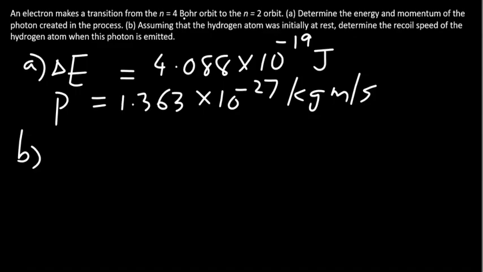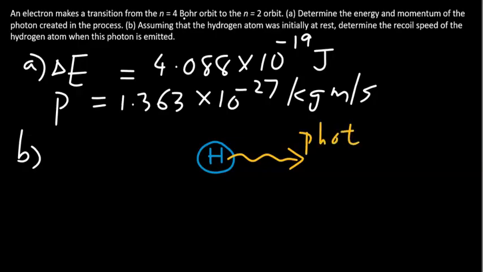Part B. Assuming the hydrogen atom was initially at rest, determine the recoil speed of that hydrogen atom when this photon is emitted. So let's do a schematic sketch. So this is the hydrogen atom, and you have photon emitted like that.